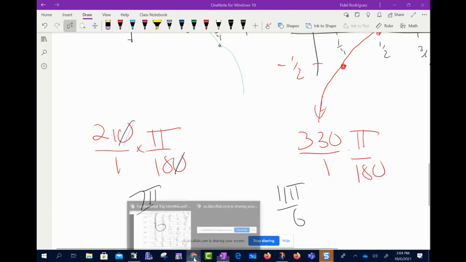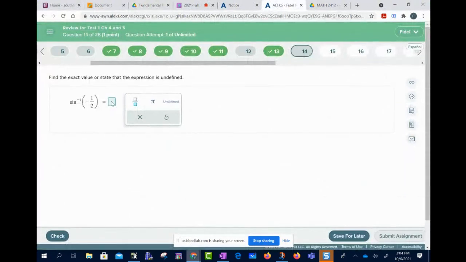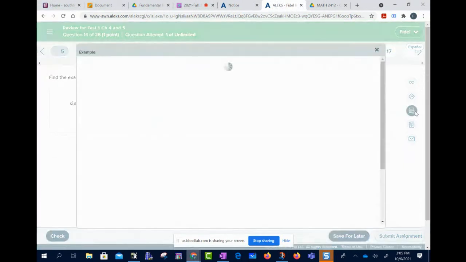So in this problem, I would come back over here and say we have a couple of answers. What do we come up with? 7 pi over 6. And again, let me do the other one. We're only supposed to find one. Let's go through this.